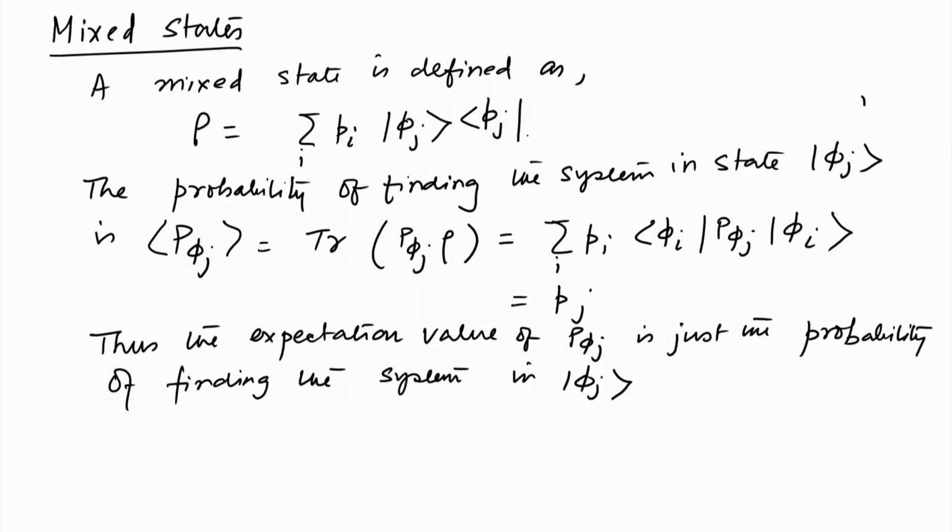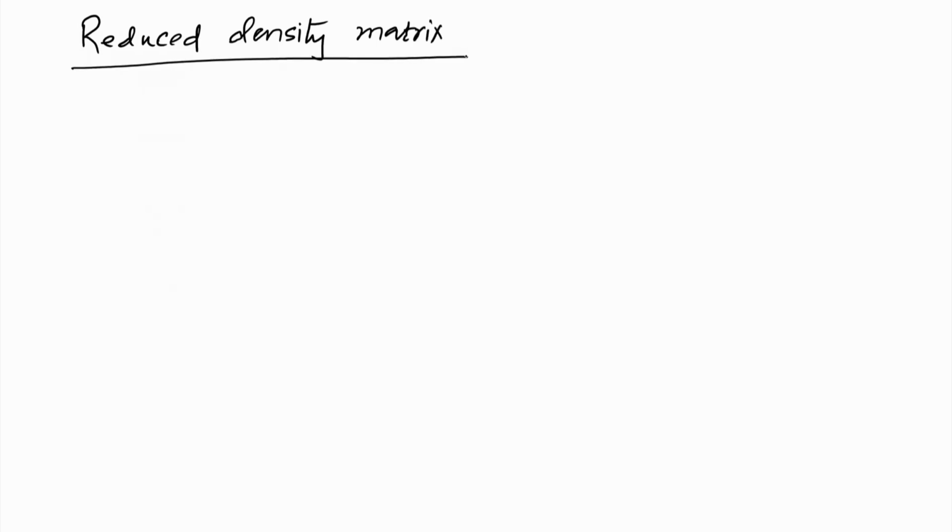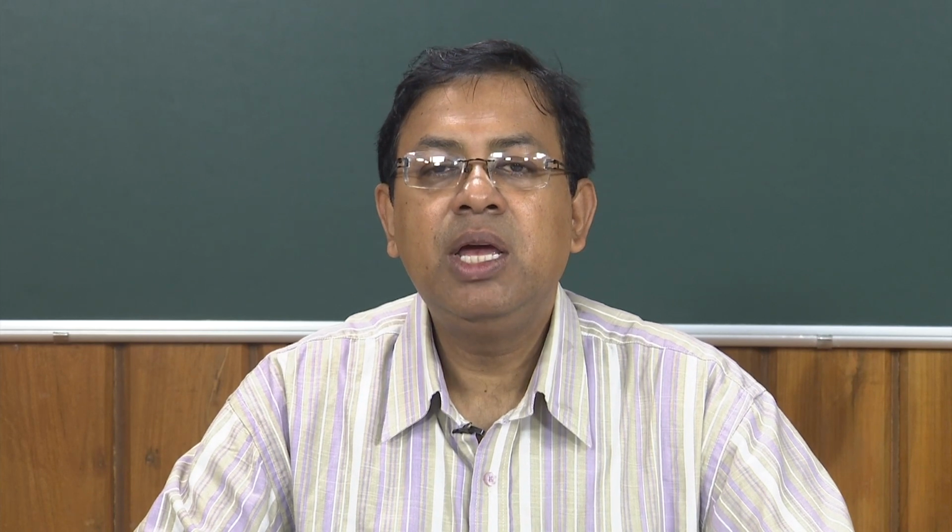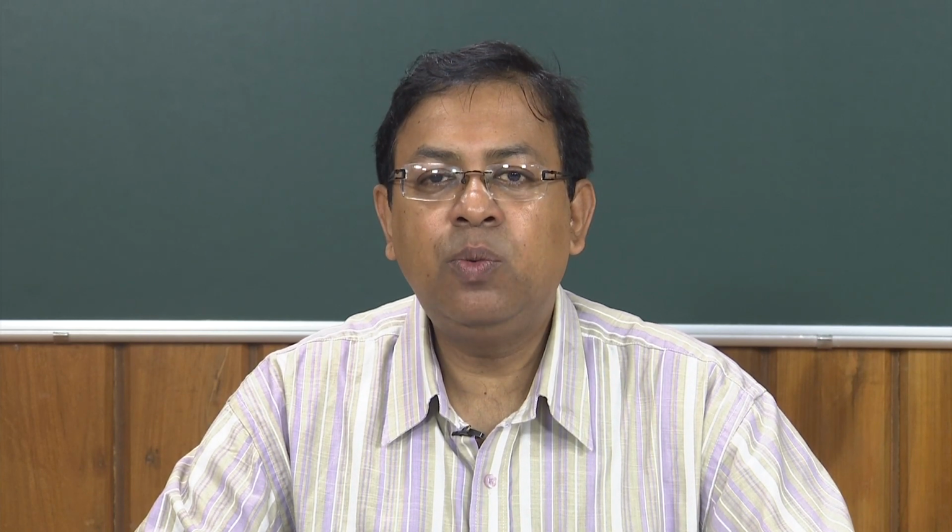Now, we introduce another concept called the reduced density matrix. In statistical physics, it is often introduced that a system is in contact with a bath, for example, a heat bath.